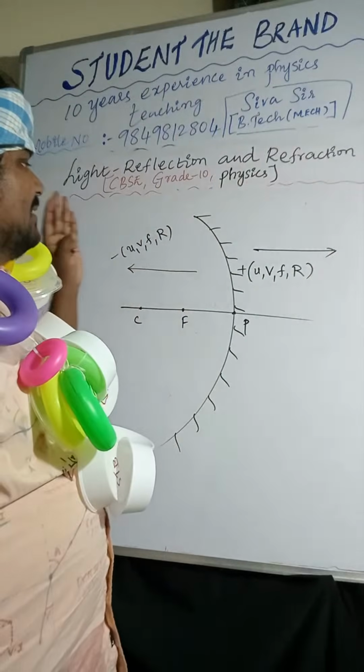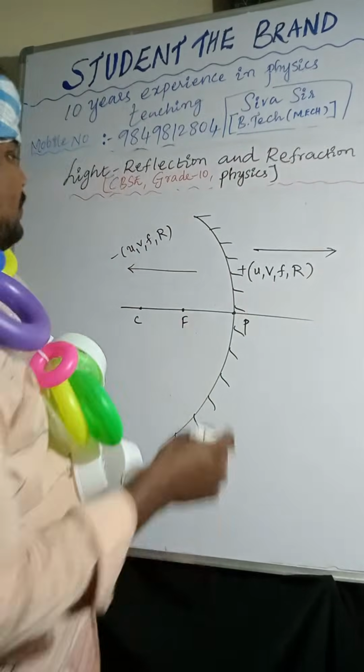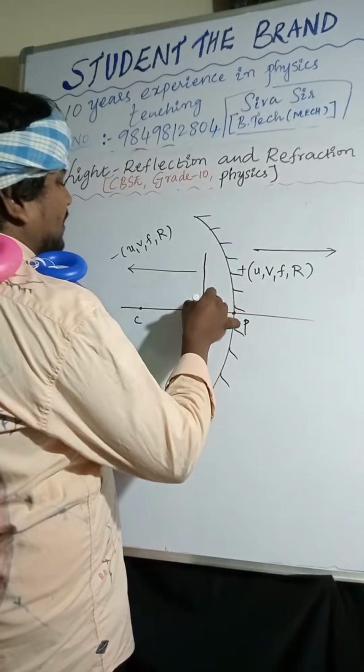Opposite to incident rays, object distance, image distance, focal length, and radius of curvature are negative.